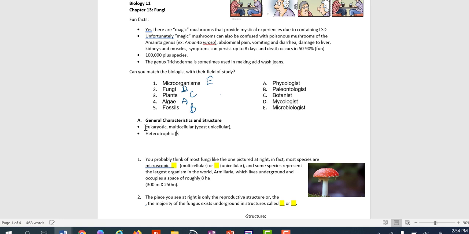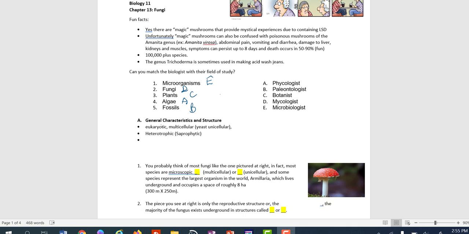But what we'll also see is another term we talked about a little bit: that they are saprophytic, as decomposers feeding on dead organic matter. And they have cell walls, so similar to plants, except the cell walls are made from chitin. Remember that, right? This is a carbohydrate that differs from cellulose, right?